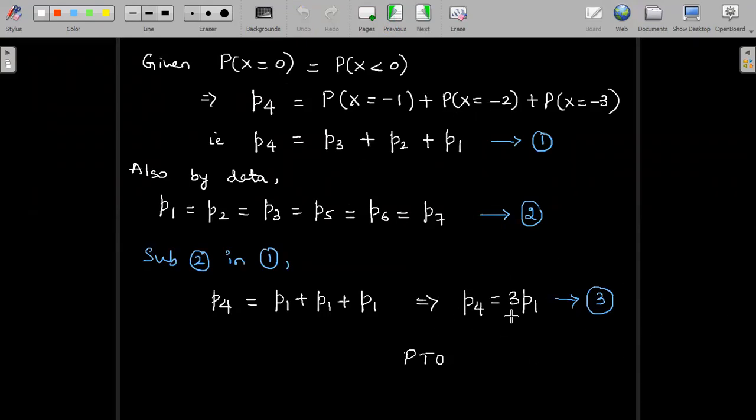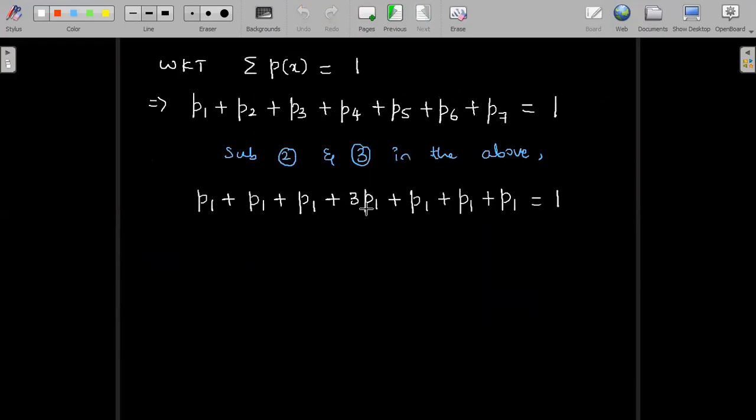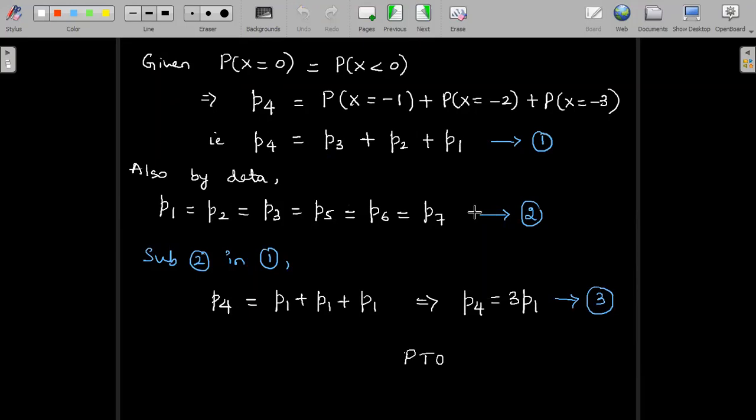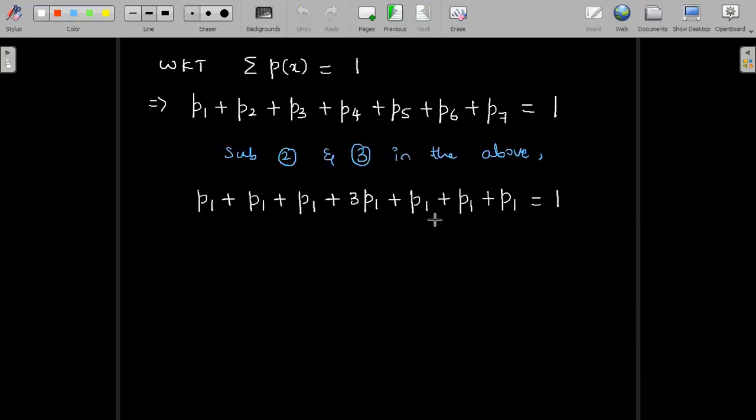P4's value is 3P1, so in place of P4, I have written 3P1. The remaining probabilities from equation 2 are all equal to P1 itself. So this leads to 9P1 is equal to 1, or the P1 value is equal to 1 by 9.